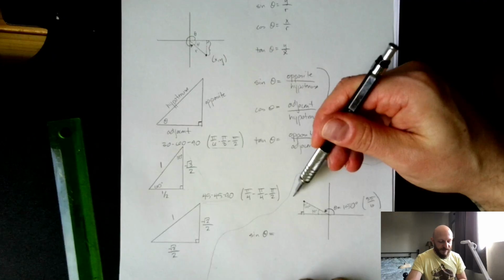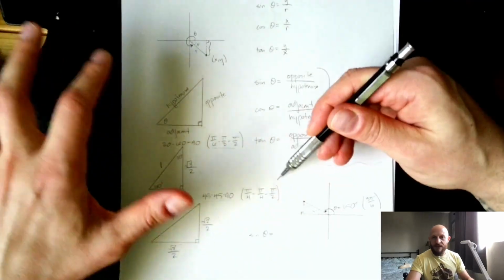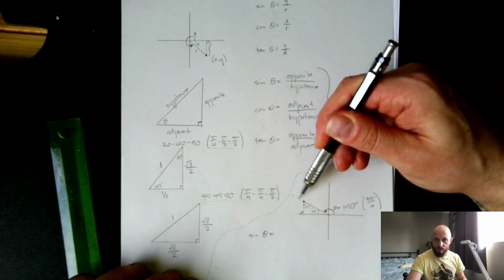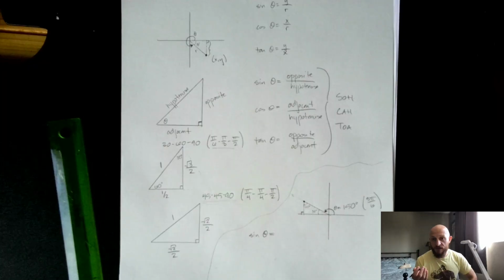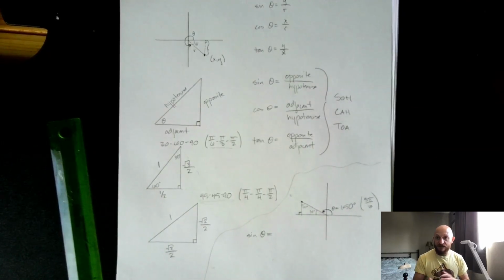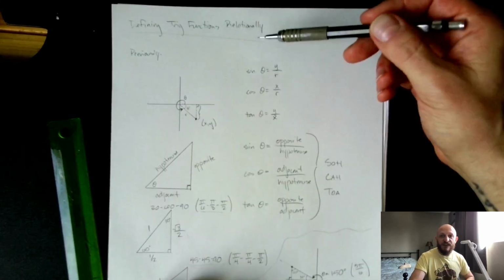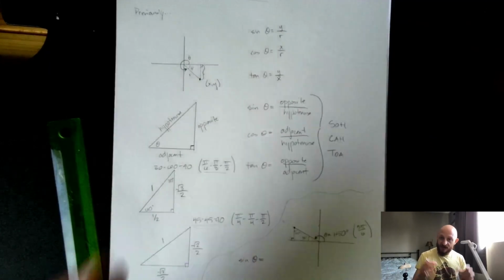So if you were to extend this line out and grab any point on that line and make this same triangle, they're not congruent triangles, but they are similar. So their side lengths are proportional. So you could grab any point on this line, and sine theta is always the same thing. That's what I mean by defining trig functions relationally, is that they can be defined just within the triangle.